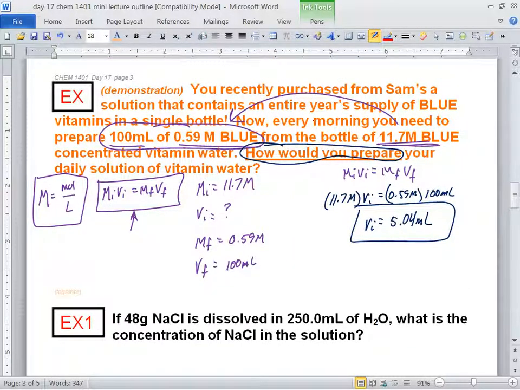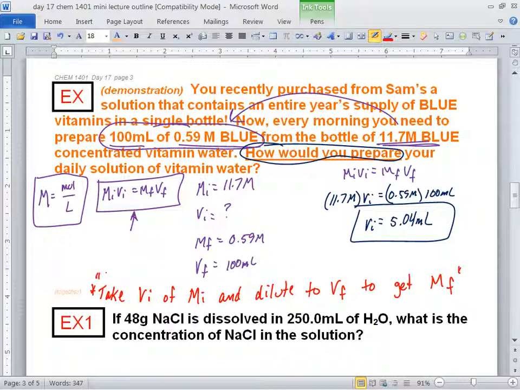This is my answer for how would you prepare: take Vi of Mi and dilute to Vf to get Mf.